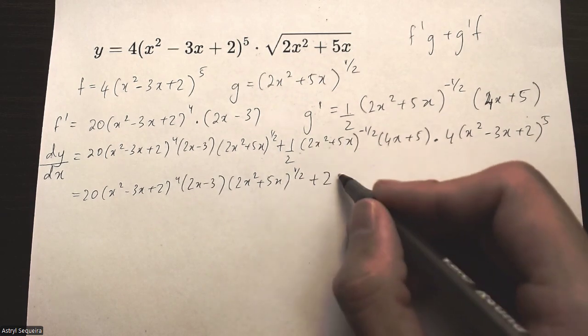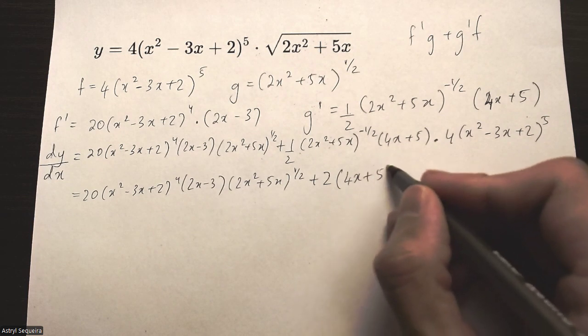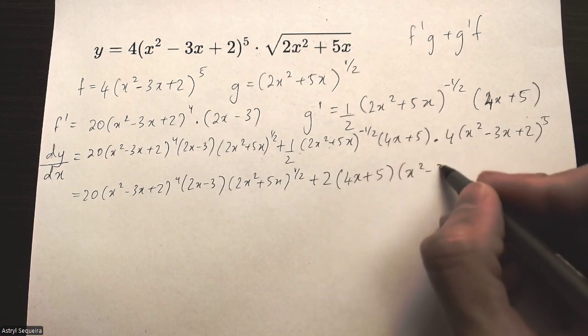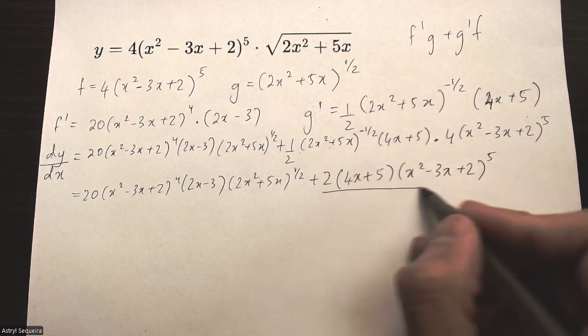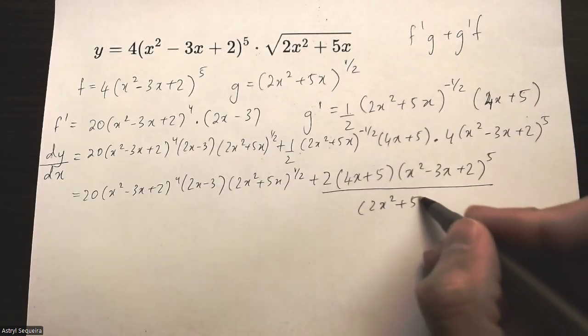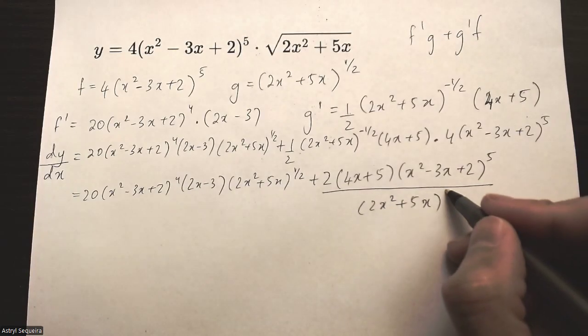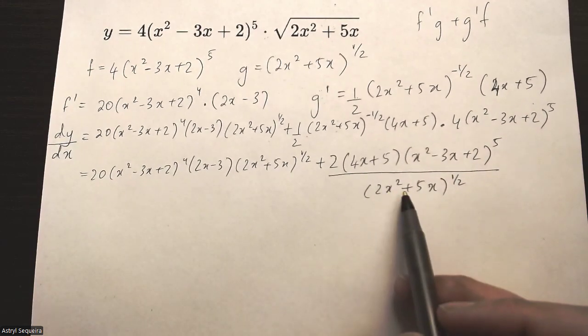I can move that to the bottom, so I don't need to write that right now. And on the bottom, I just have that term, which is 2x squared plus 5x to the power of positive 1 over 2.